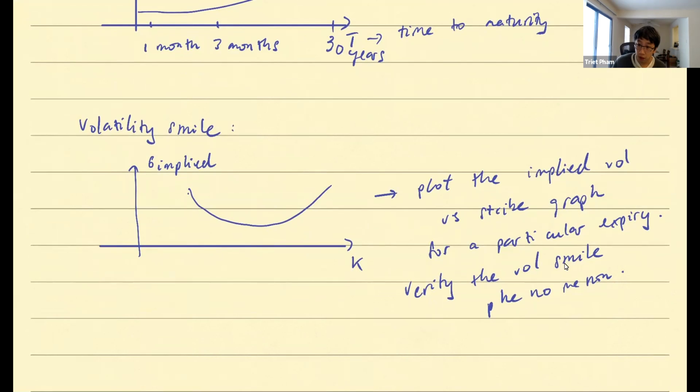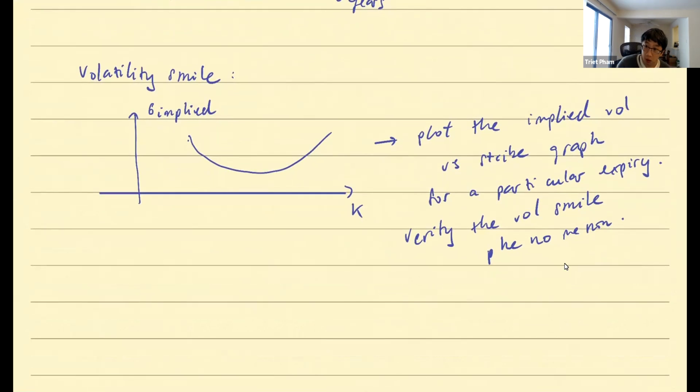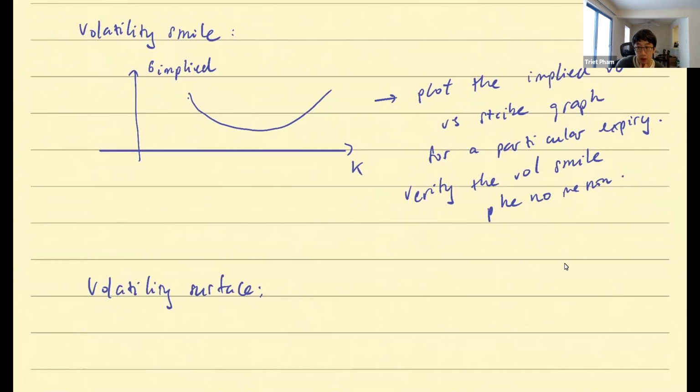Connected with the volatility smile, there's one more concept called the volatility surface. Rather than just a phenomenon, the volatility surface is a tool that traders actually watch every single day or every single hour. It is a generalization of the volatility smile, in the sense that implied volatility is not simply a function of strike.